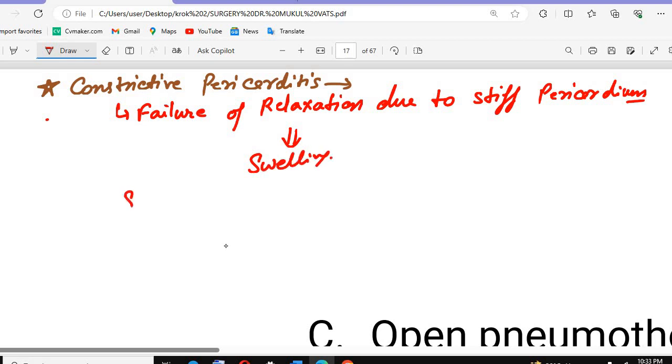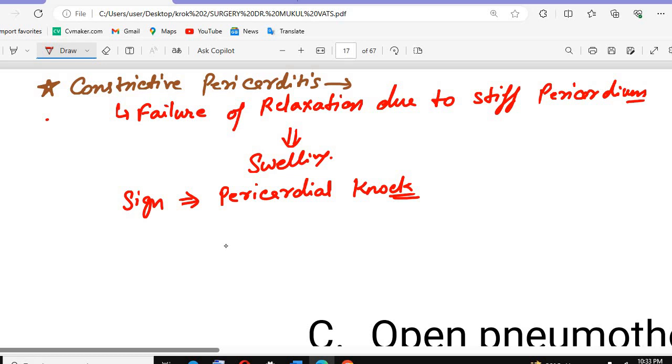The sign we studied in acute pericarditis, what was that? Pericardial rub. Here we will see the pericardial knock will be present. Okay, means what will happen now? The ventricles are not able to relax. So what will they do?